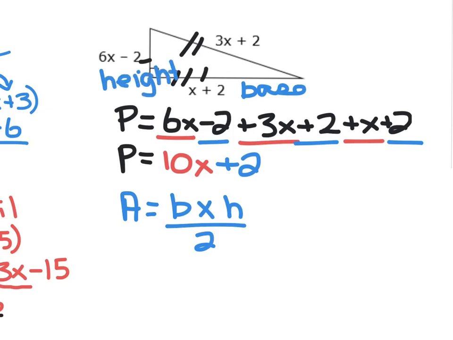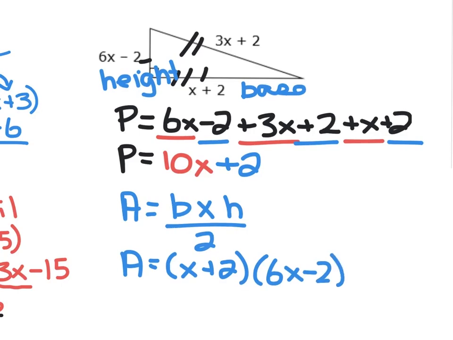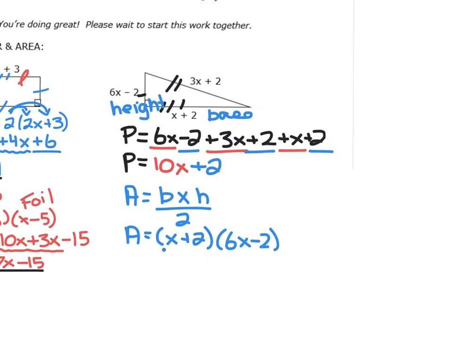So what we can do is plug those in. We go base x plus 2, okay, times 6x minus 2, all over 2.